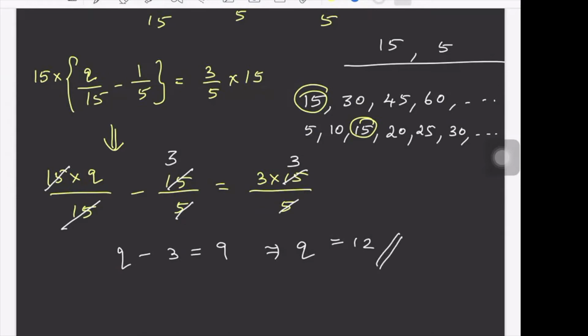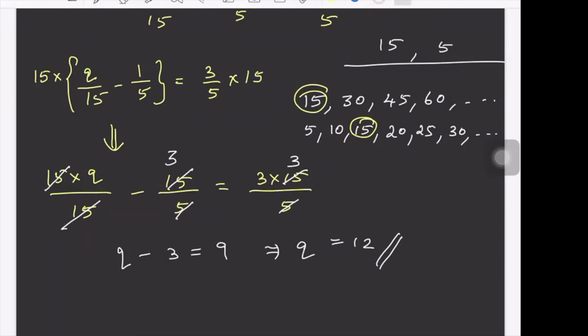Robin. See, if you're still finding it difficult, it means you are struggling with the fraction operations and the idea of manipulating fractions. So please do revisit it, because we will need it often.